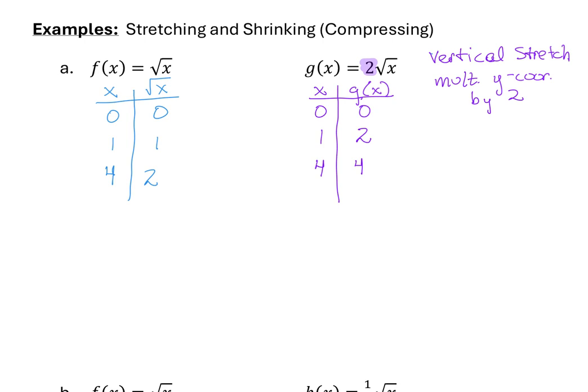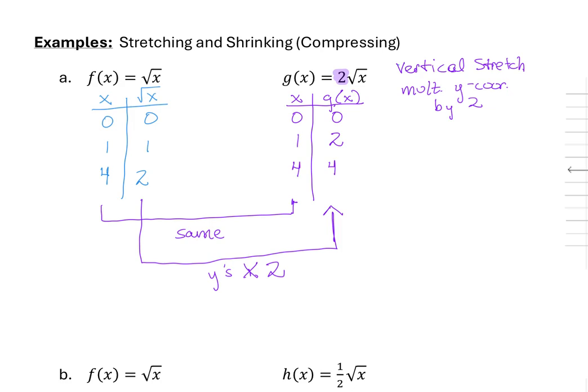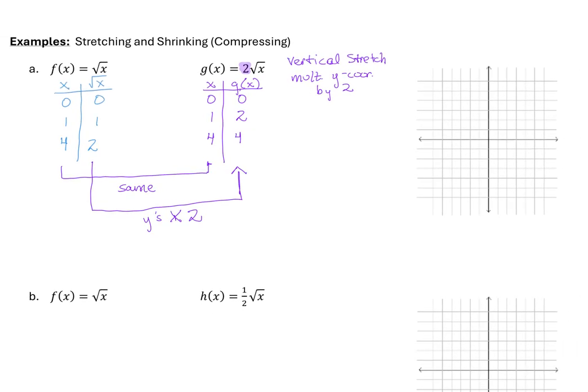And so now when we compare our tables, notice my x's stay the same. And when we look at the y coordinates, we've taken all of our y coordinates and multiplied by 2. All right, so now if we go ahead and graph these, if we graph our parent function, we have 0, 0, 1, 1, and 4, 2.